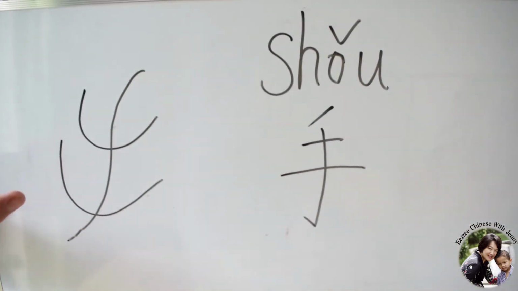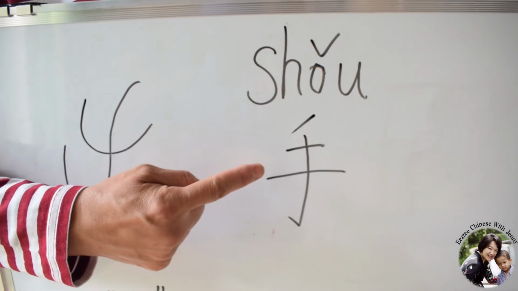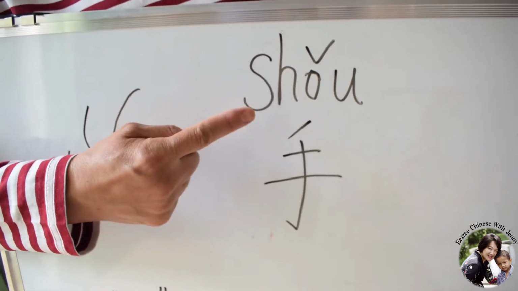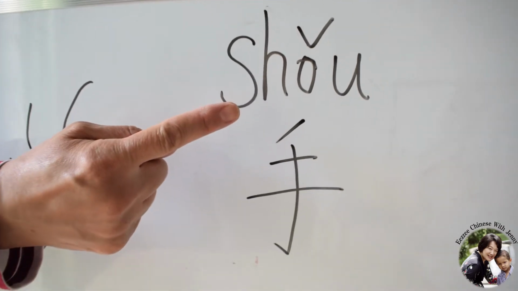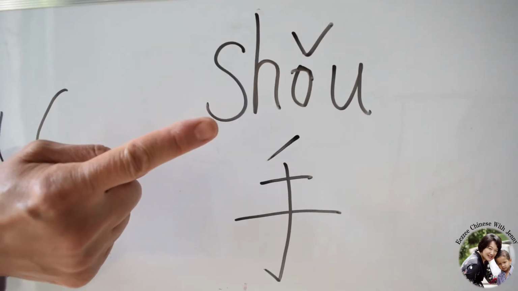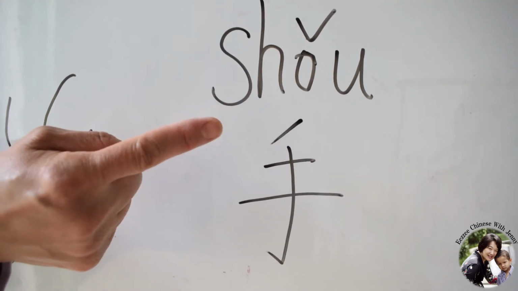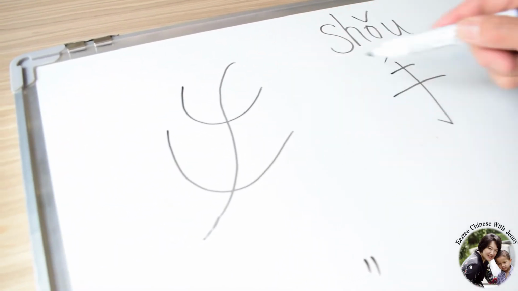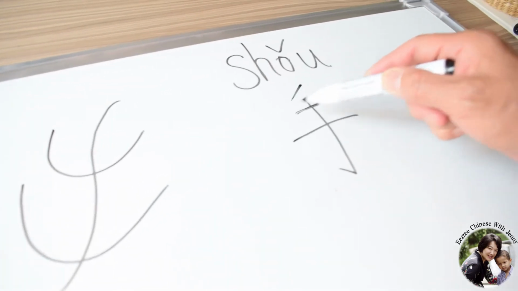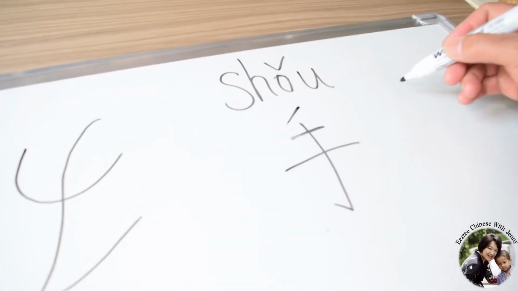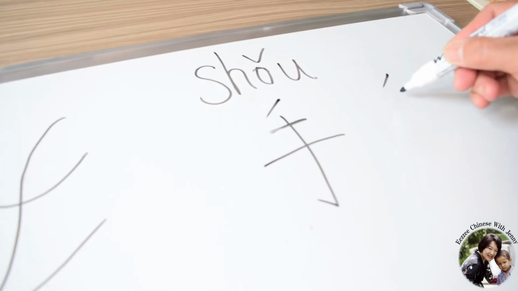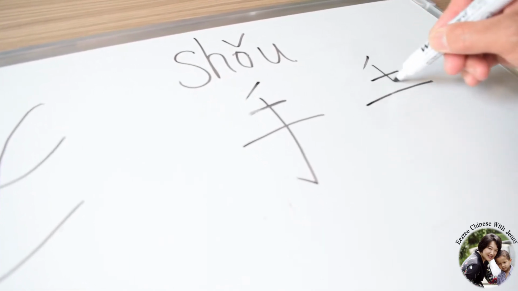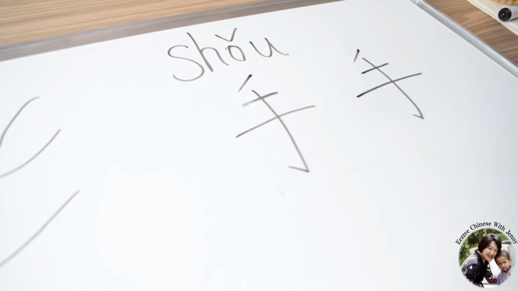This is the current simplified version. The pronunciation is 手, shǒu, the third tone. The round shape stroke becomes flat, right? So you write like this from top, first, second, third, and fourth.